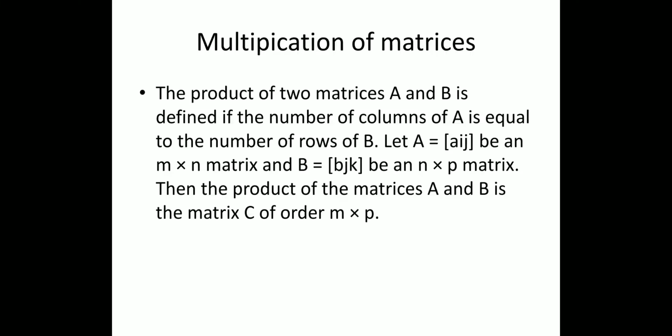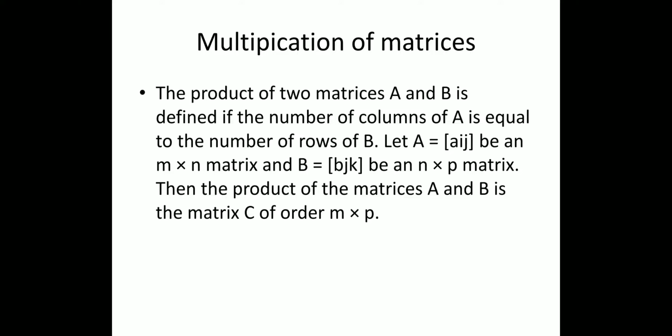Now the next is multiplication of matrices. But in this lecture, we will only discuss when the multiplication of two matrices is possible. How we can multiply two matrices, we will discuss in the next lecture.